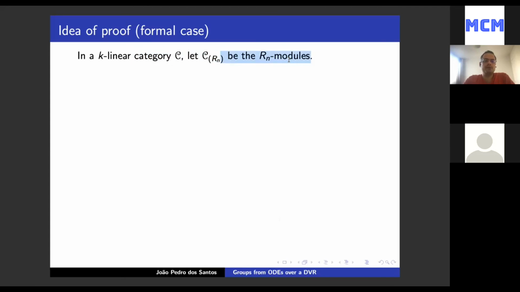These are objects of the category C with an action of Rn. Then I apply Turrittin's theorem, and recall that the regular singular formal was equivalent to representations of Z. So the Rn modules in here are the same as the Rn modules in here.